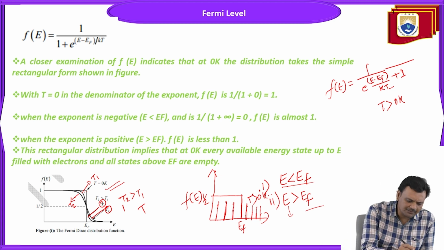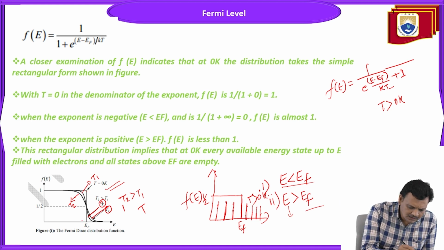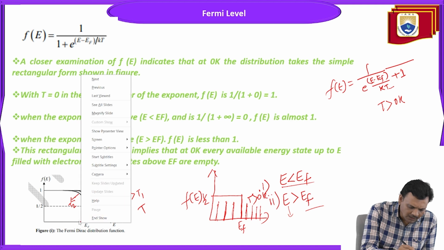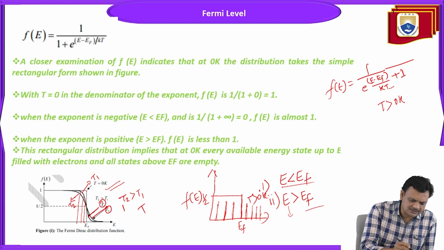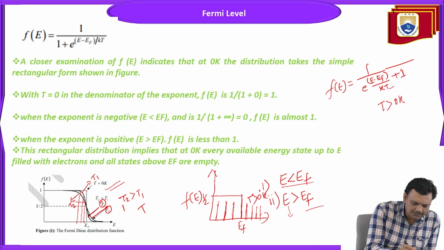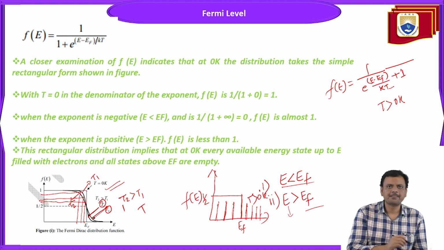So at temperature T1, which is obviously greater than 0 Kelvin, whatever energy levels are present below EF, some energy levels have a probability less than 1.